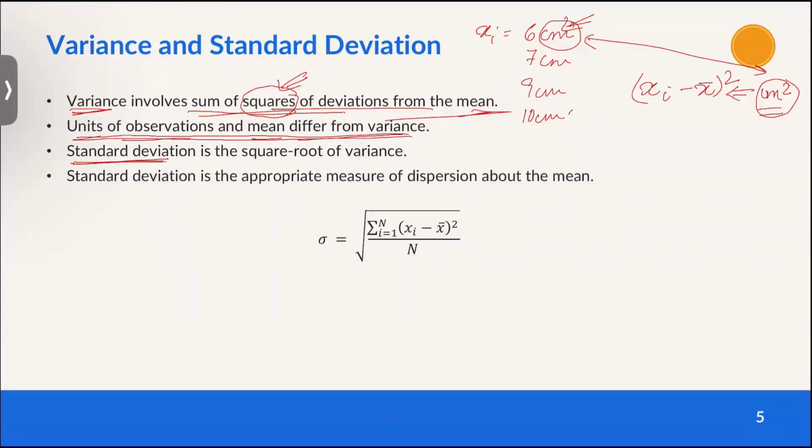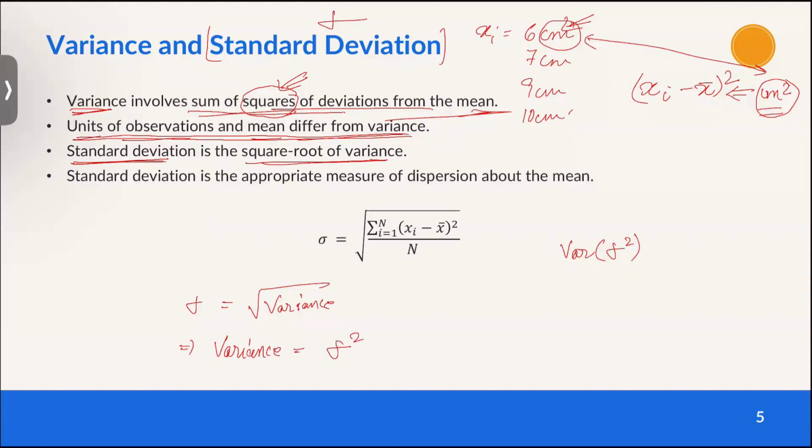And what is standard deviation? Standard deviation is just the square root of variance. Remember, we write variance as sigma square because we write standard deviation as sigma, and standard deviation is the square root of variance. So variance is sigma square.